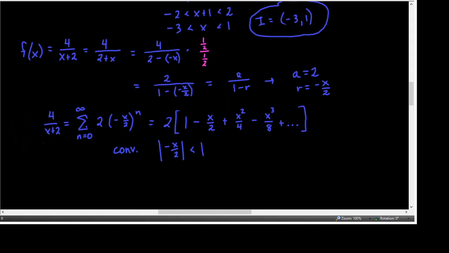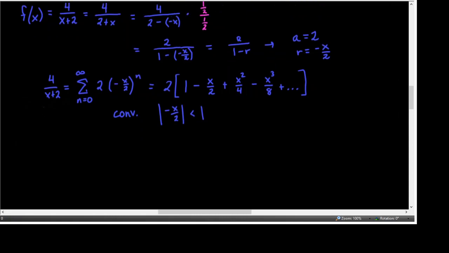Well, the absolute value of the negative 1 part of that is 1, times the absolute value of x divided by the absolute value of 2, which is 2. Then, multiplying both sides by 2, you get the absolute value of x is less than 2. So, without the absolute value, that inequality is negative 2 less than x less than 2. And so that means that the interval of convergence is negative 2 to 2.